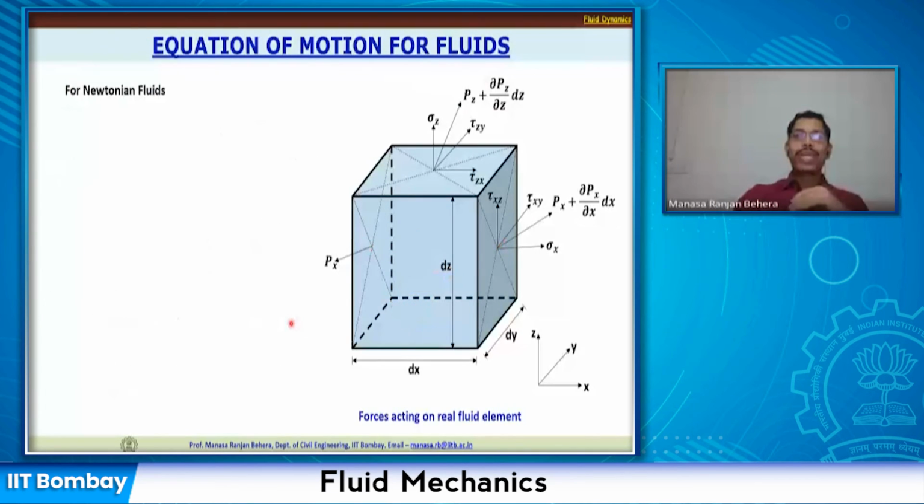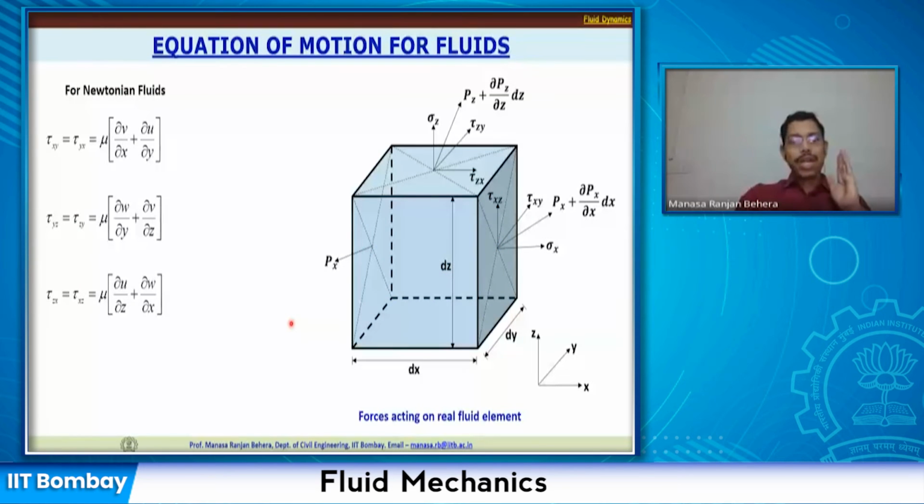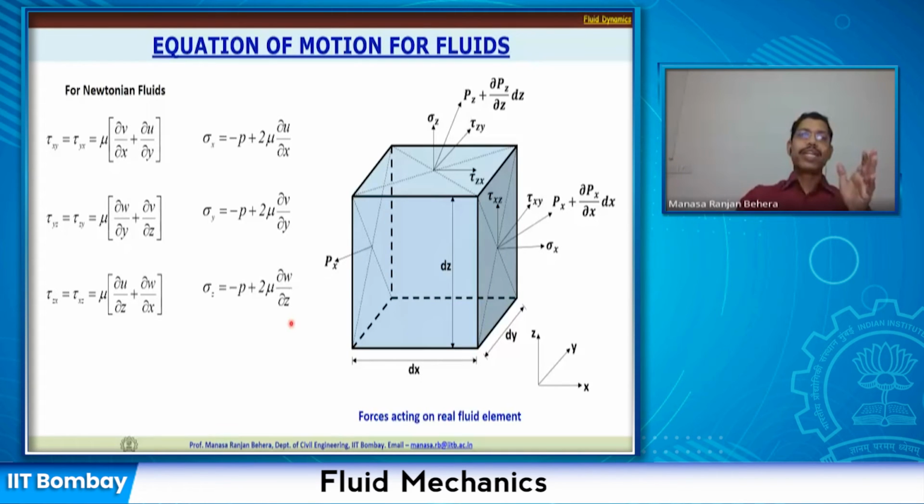So that's what we are doing here. We have this tau that is represented in terms of u and v. Similarly, sigma is represented in terms of pressure as well as velocities. So now these 6 unknowns we have represented using 4 unknowns. Already 3 unknowns, the same u, v, w, and one additional unknown is still remaining, that is pressure.